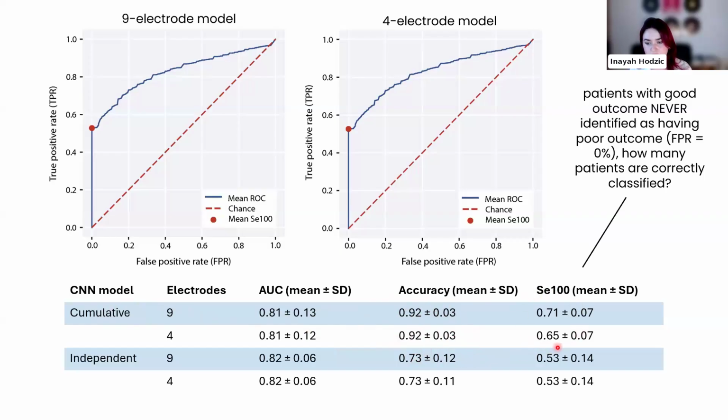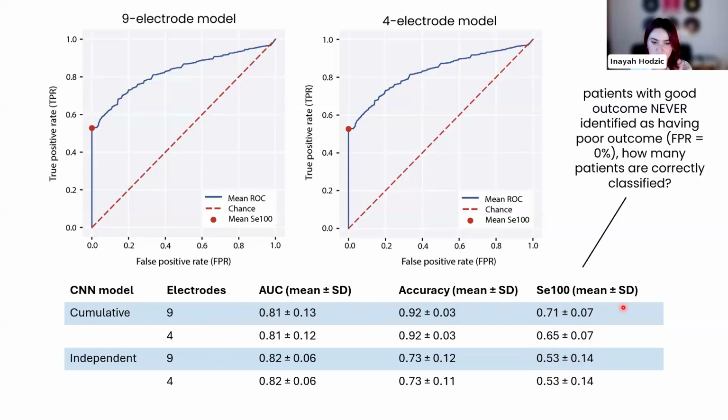And if we look at this third metric, we also see quite a substantial difference, and that the cumulative model performed quite a bit better in comparison to the independent model. And these are metrics over the entirety of the signal.